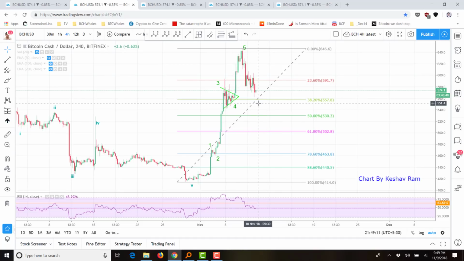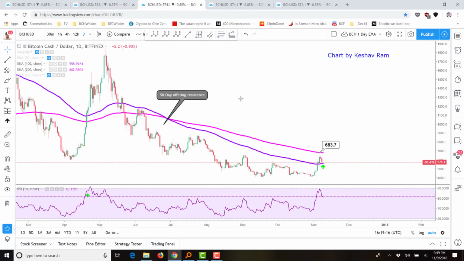One more confirmation is this 1-day chart. It's a higher time frame. You can see that the 100 DMA is here. Once the price crossed the 100-day average decisively, and it's correcting right now, we are expecting this 100 DMA will now act as a resistance.